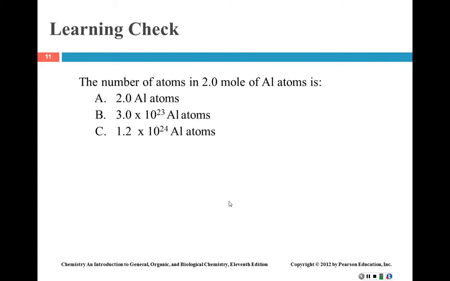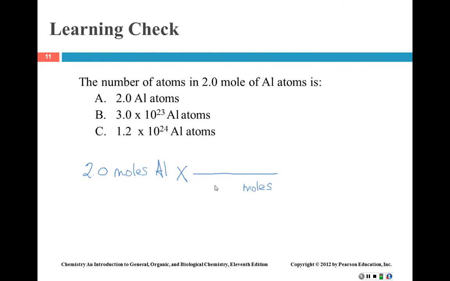All right, the number of atoms in 2 moles of aluminum atoms is, okay, and you can probably do mental math on this, but the way you set this up is 2 moles of aluminum times the conversion factor. We know moles is going to go down here because we have to cancel out moles.